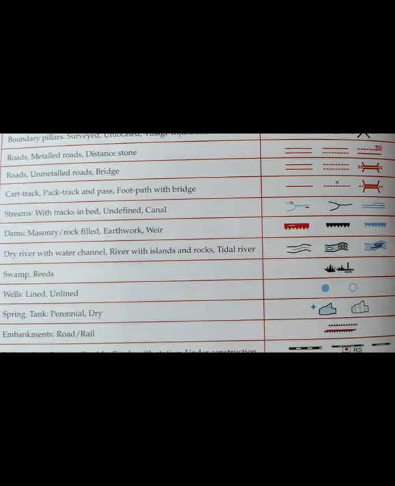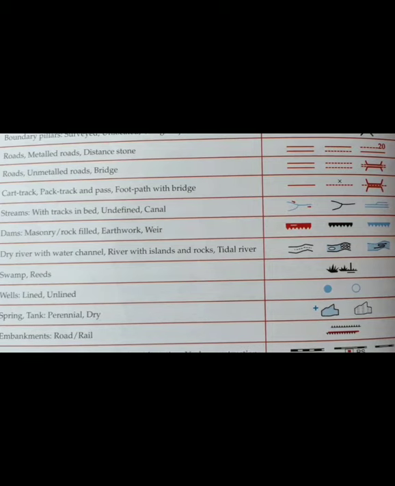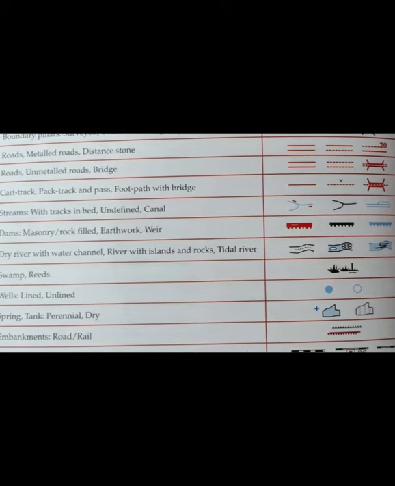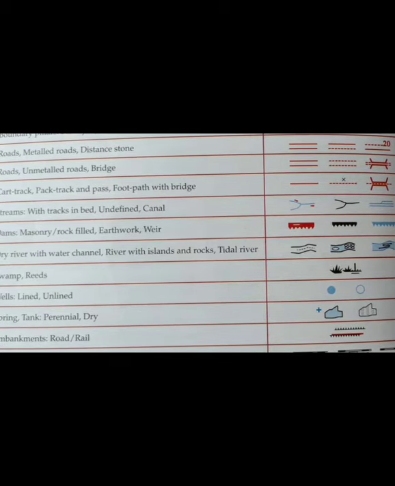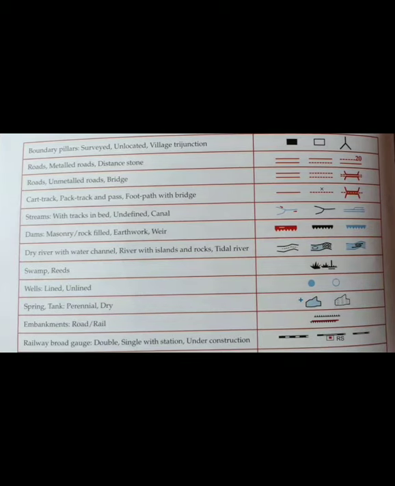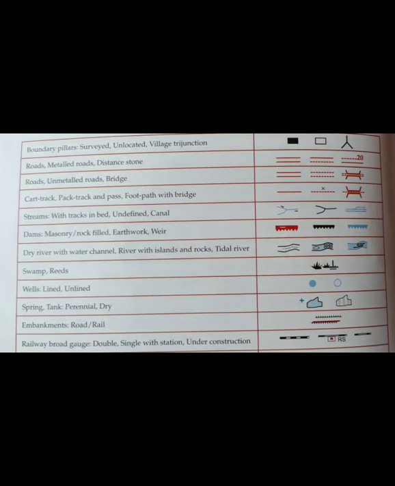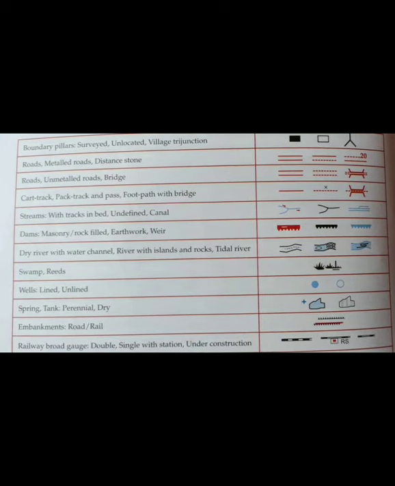And also the railway station; these are man-made features, shown with symbols: single line railway, single gauge railway with the distance stone, and railway station under construction. All these things are shown here.